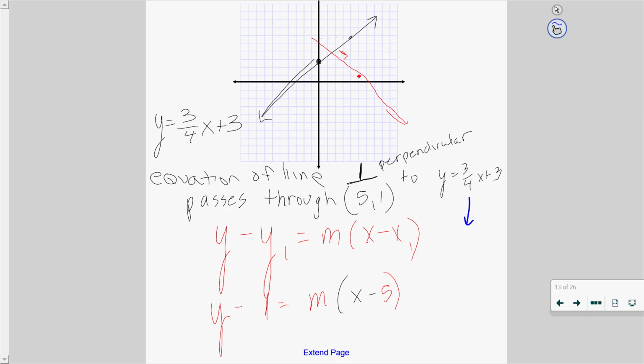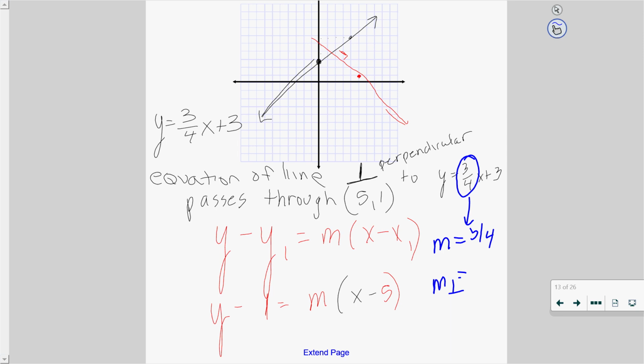So I need to be perpendicular. Perpendicular. So, Cliff, which one's the slope? 3/4 or 3? 3/4. So my slope of this line is 3/4. So I need the perpendicular slope. I said opposite reciprocal.